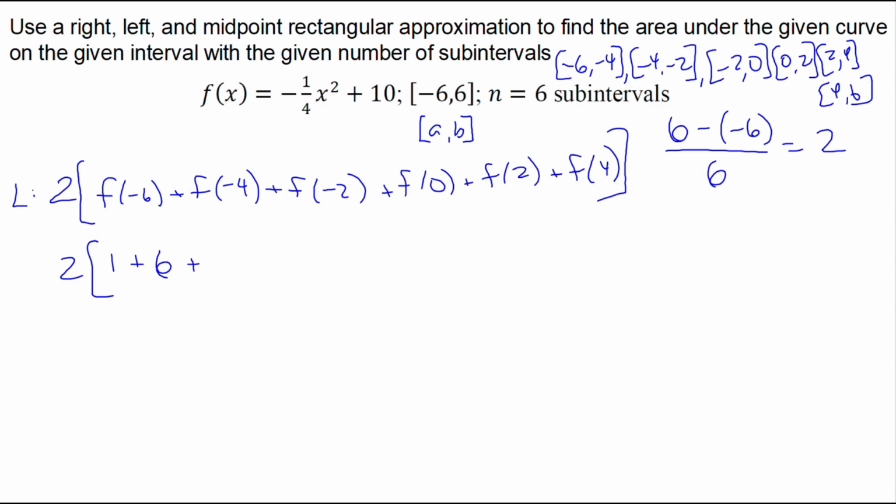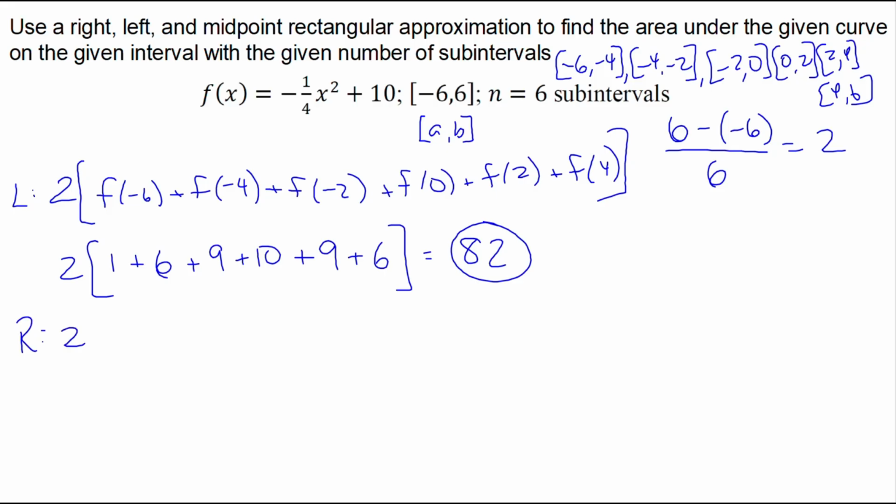And if we plug in 0, we should just get 10. And then plugging in 2, we're going to get 9 again. And then plugging in 4, we're just going to get 6 again. And so if we multiply each of those by 2 and add that all together, we end up with 82.